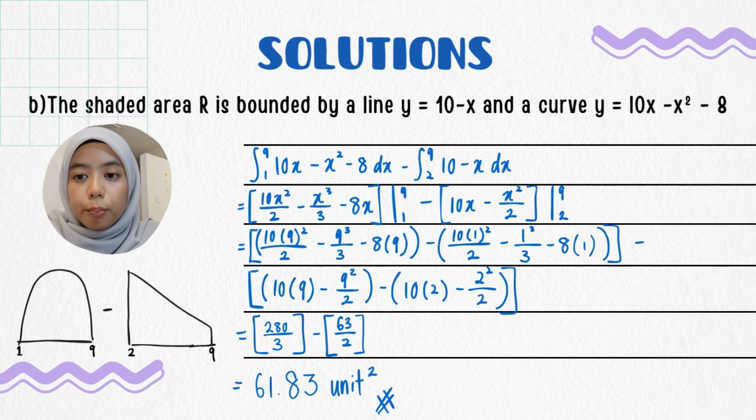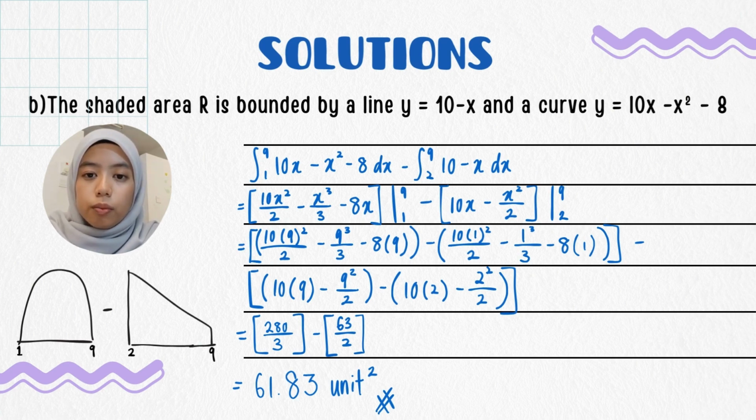Then we move to the second equation where we need to minus it with 10 multiplied by 9 minus 9 to the power of 2 over 2 for the upper limit. Then we minus it with the lower limit, so it will be 10 multiplied by 2 minus 2 to the power of 2 over 2.